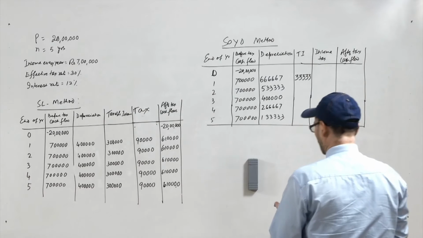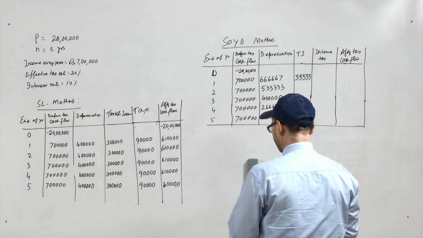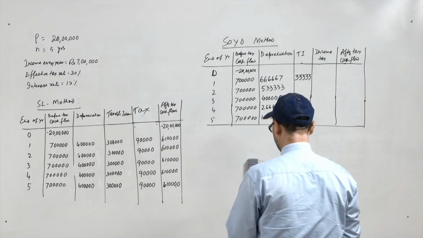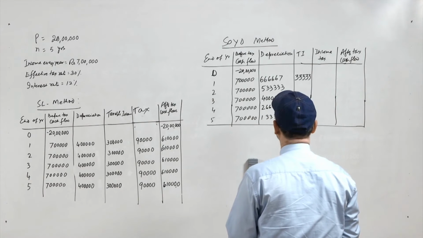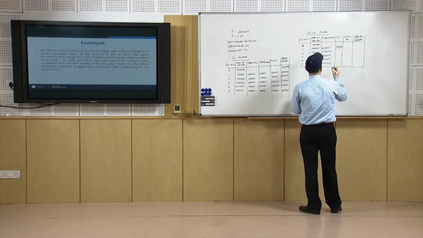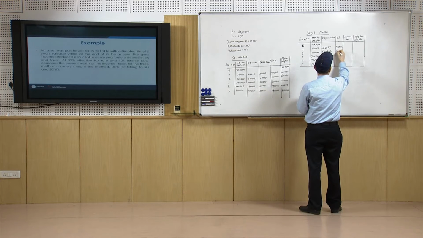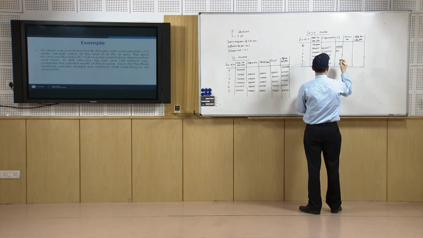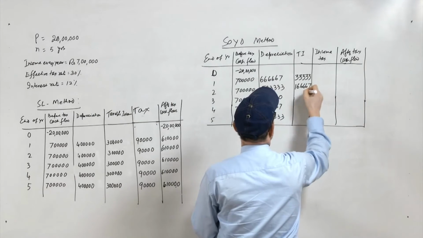Then in the second year, minus 5,33,333, it will be 1,66,667.